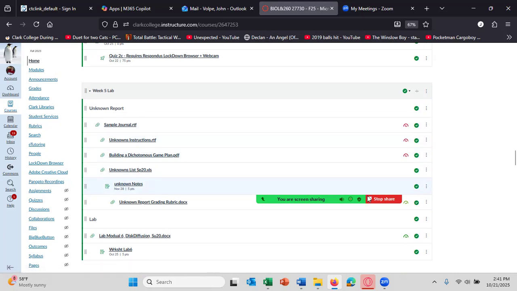And let me stop the share because I need to call up an unknown notes page from an earlier term because nobody's obviously submitted anything this term. And I got to pull off the grade so you guys can see it. That's why I need to do this. I'm in the wrong place here. There we go. Let's call up dashboard.